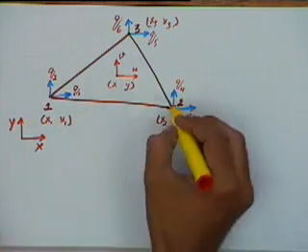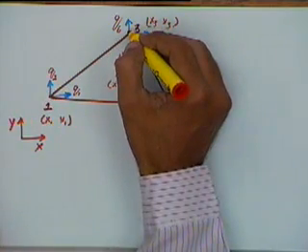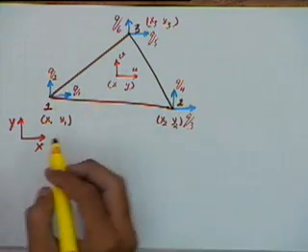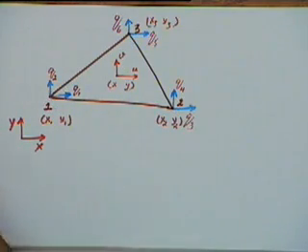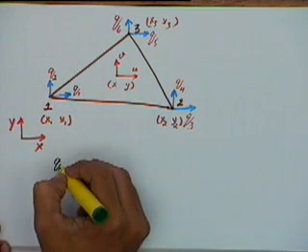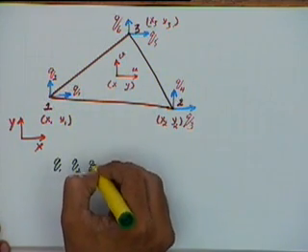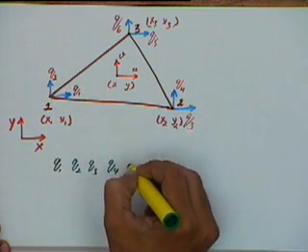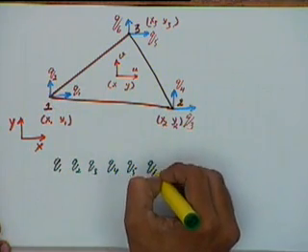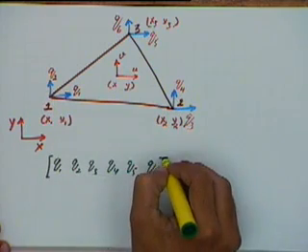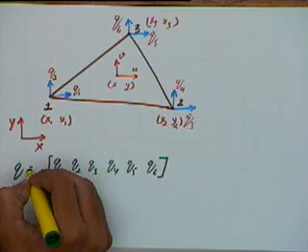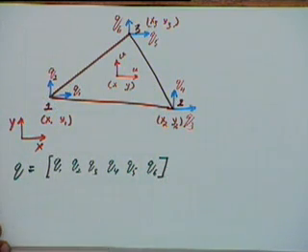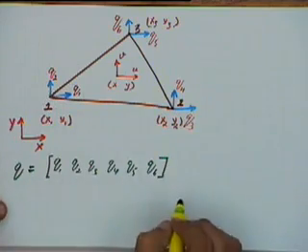Okay, so now we have got 3 nodes on this element, 1, 2 and 3. If we write down the deformation vector, the deformation vector would look like q1, q2, q3, q4, q5 and q6. Okay, this is the deformation vector, so q1 to q6.